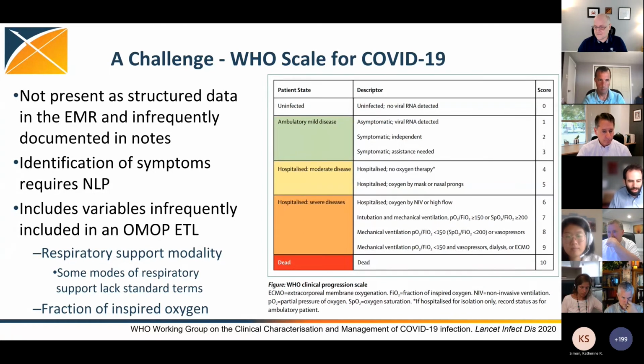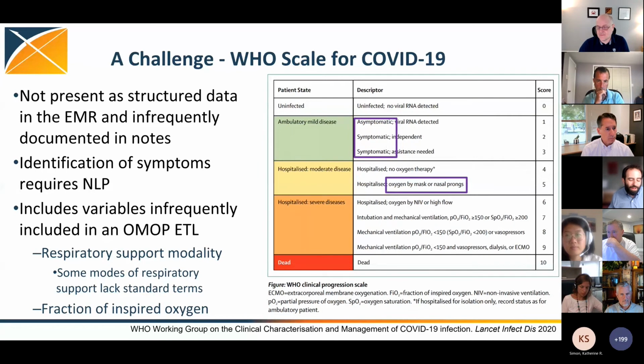If you look here on the right, next slide, you'll see that grading ambulatory mild disease requires knowledge of whether a patient is symptomatic or not, which would require NLP. It also includes variables that are not usually included in an OMOP ETL. Such as respiratory support device.